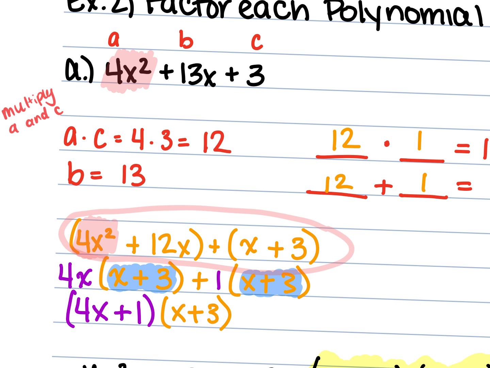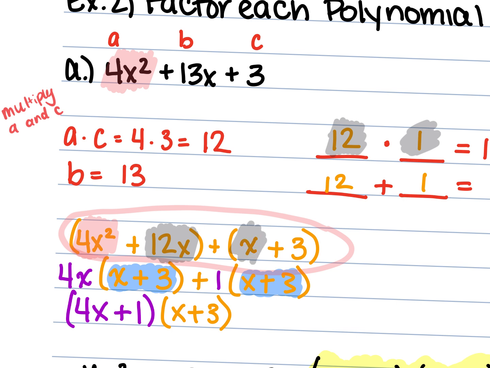They multiplied 4 and 3? Close. What do you think we found those factors for? That's where the 12 came from. Highlight it, guys. This factor, this 12, is going to become one of your 2 in the middle. And then what was the other factor? 1. So that's going to be 1x.